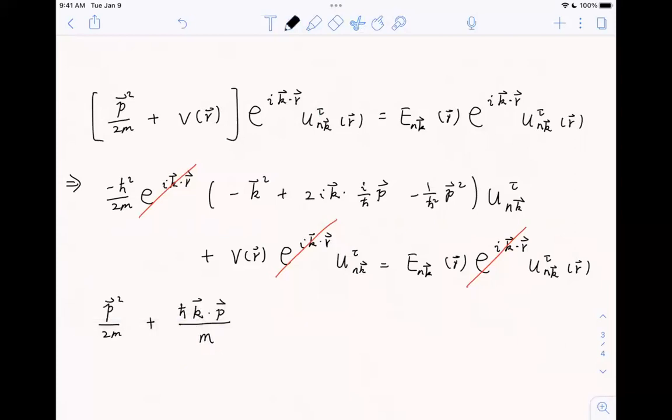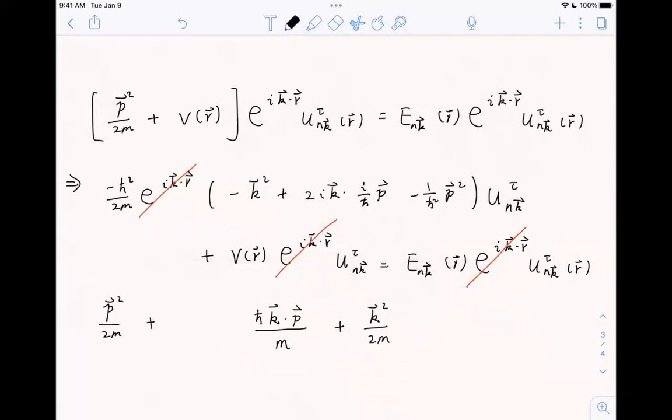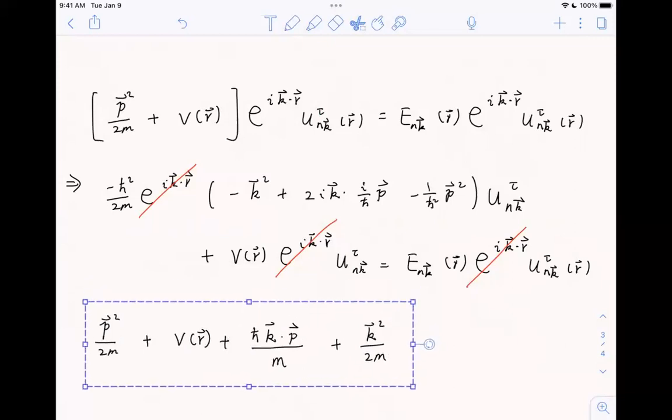Okay. Then you have this term with this term. So you will be K squared over 2M. Okay. Then you add the VR here. Okay. You add the VR here.